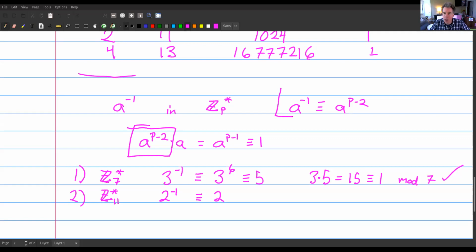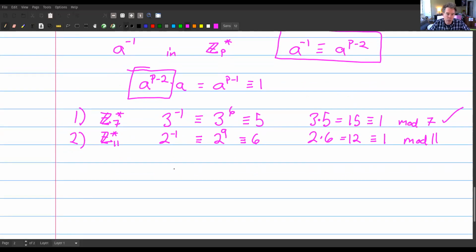Oh, here it is: A inverse is A to the P minus 2. So what is 11 minus 2? 9. Yeah, 9. So this is congruent to 6 mod 11. And now we can just check it out. Is it true that 2 times 6, what is that? That's 12. But modulo 11, that's the same thing as 1.